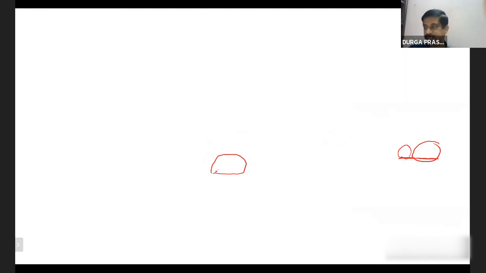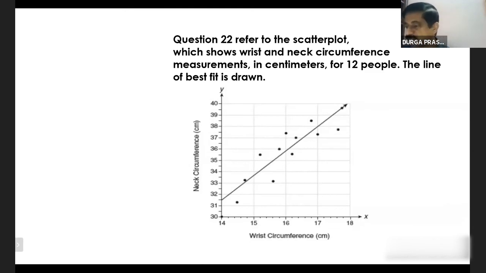14 and 17. See, at 14, it is exactly 31.5. So, if the wrist circumference is 14, the neck circumference is 31.5.